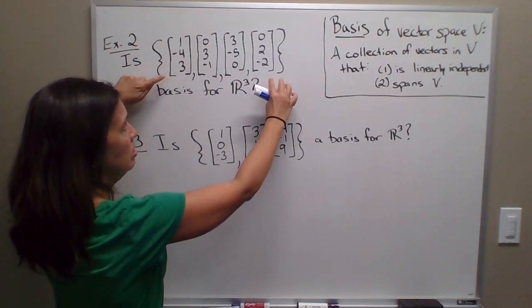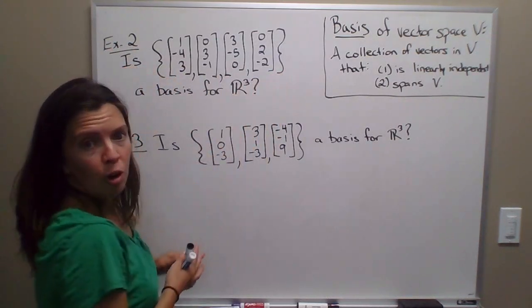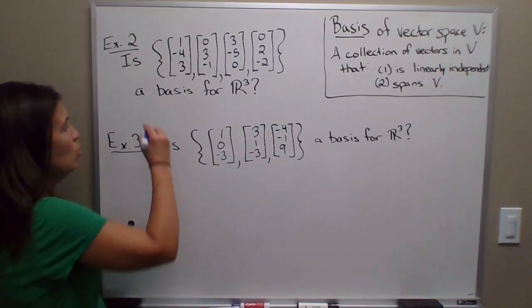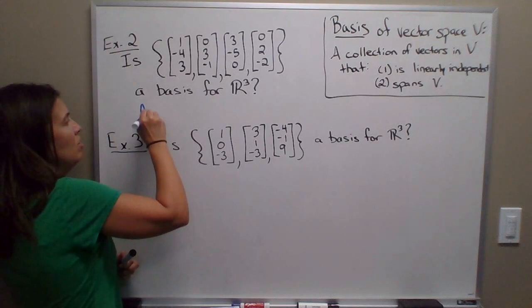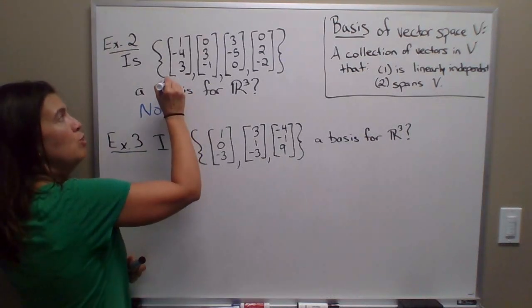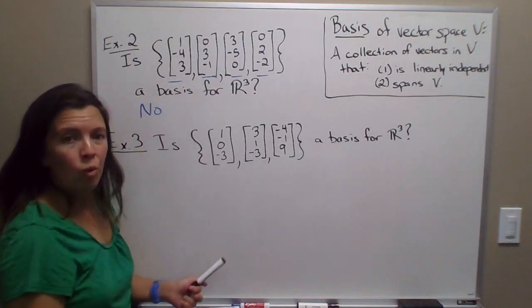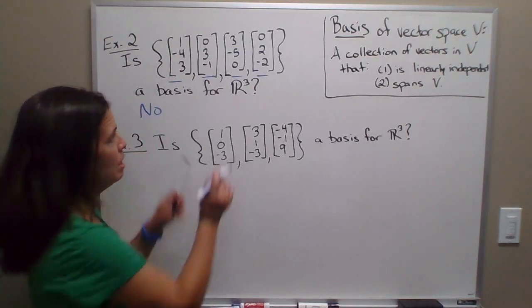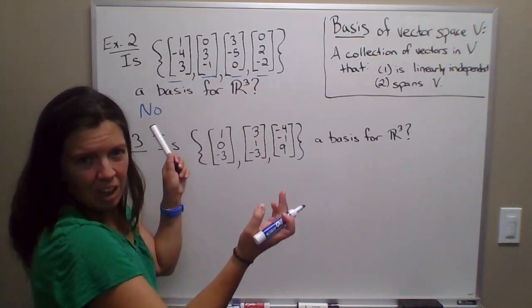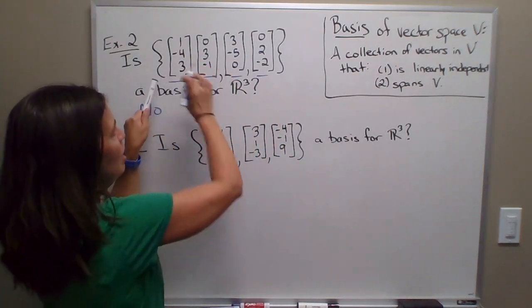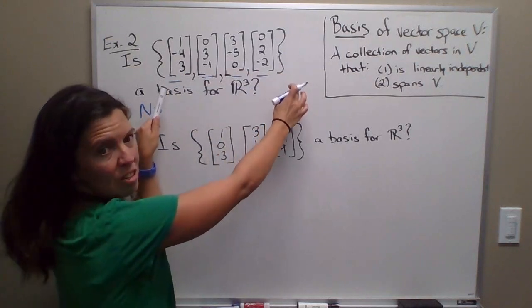So example 2 asked, is this collection of 4 vectors, notice that these are vectors in R3, a basis for R3? And I didn't leave a lot of space here because we can answer this pretty quickly. The answer is no, because if we have 4 vectors in R3, there's no way that they're linearly independent. If you think about the way that we determine linear independence for a set like this, we would create a matrix whose columns are these vectors.